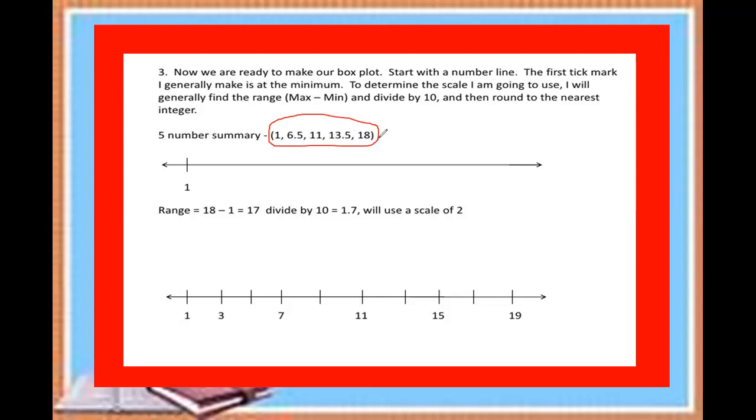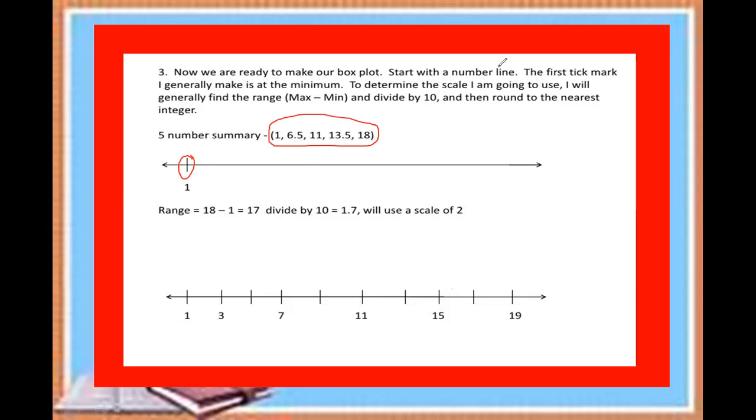So therefore, we plot first the number line, and then put the smallest value, which is 1. Now, the range is 18 minus 1, the highest value minus the lowest value. So we can divide that and put it in our number line.